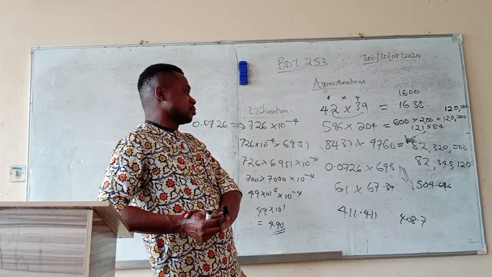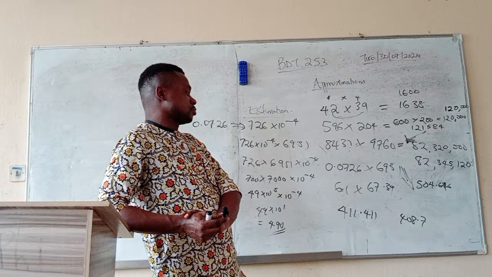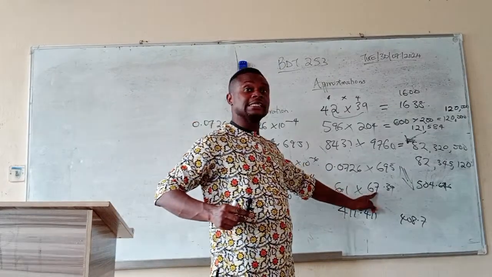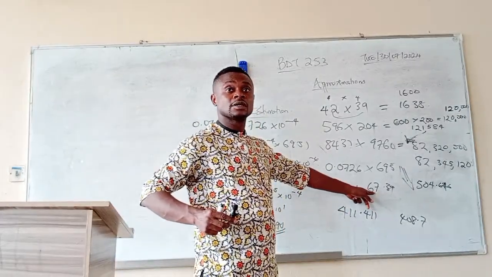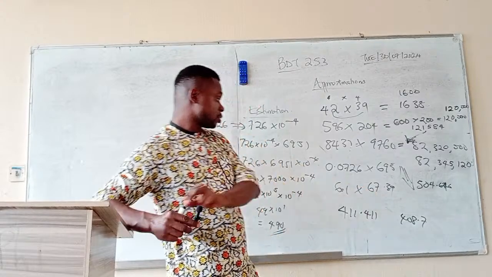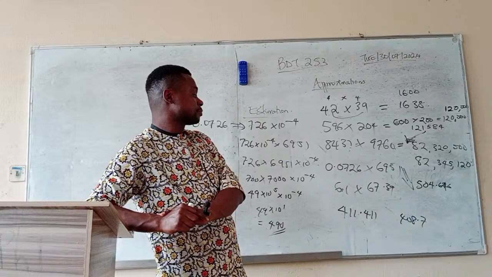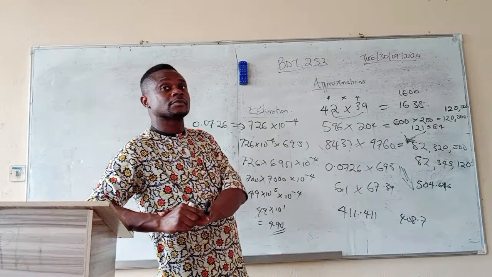And that is 67 times 61. You say you got what here? I got 6700. Okay, since I'm using 2. 6700 times 10 power minus 2.